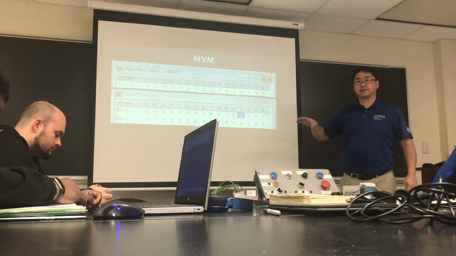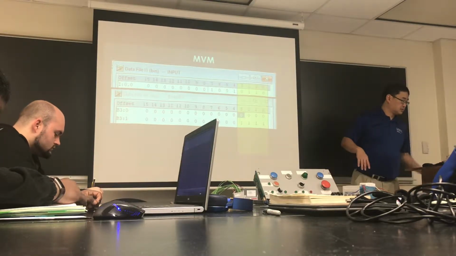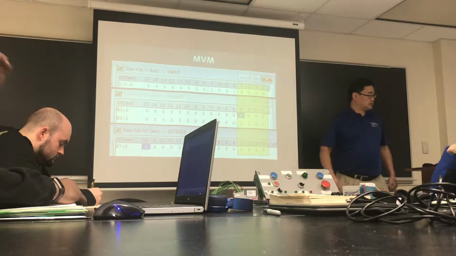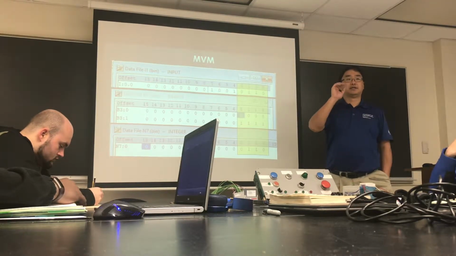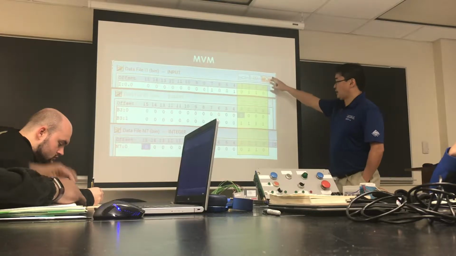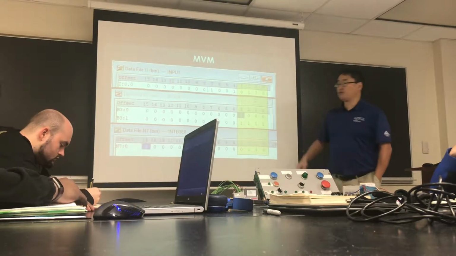Does that make sense? And so when I do the actual move, when the instruction is executed in the PLC, what copies down from here to there is just those 4.